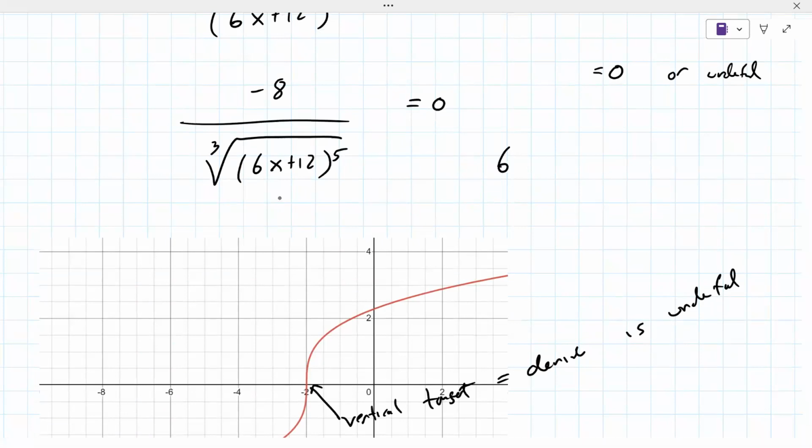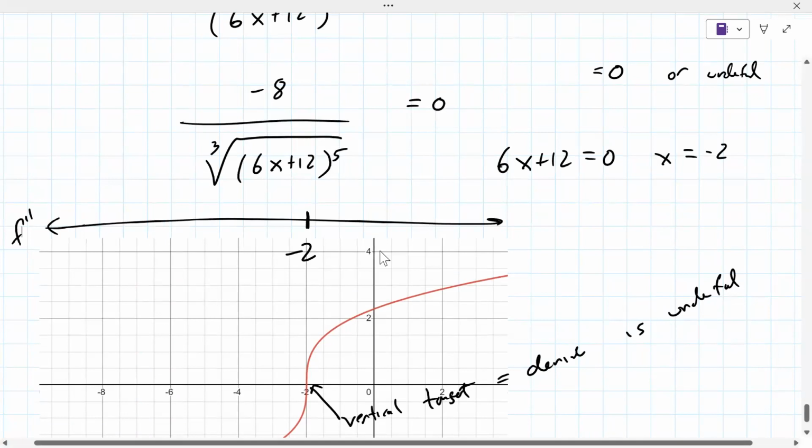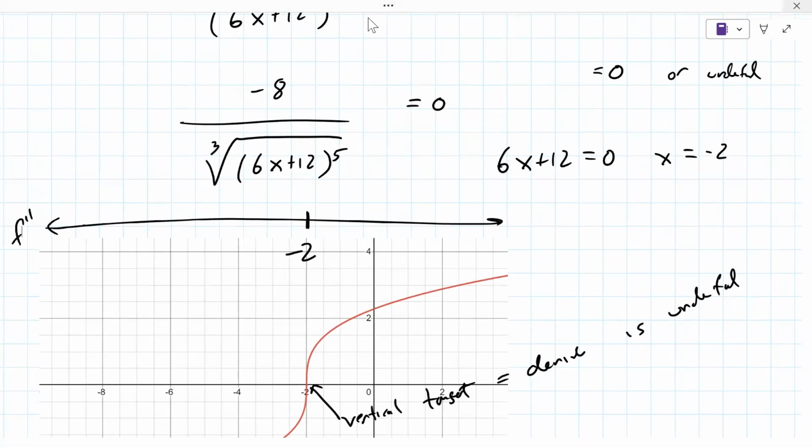So you set the bottom part equal to 0 and you get x equals minus 2. So on your number line, you're testing the second derivative now here and here. So you're testing your test points. You might test like 0 and like -3, something like that.